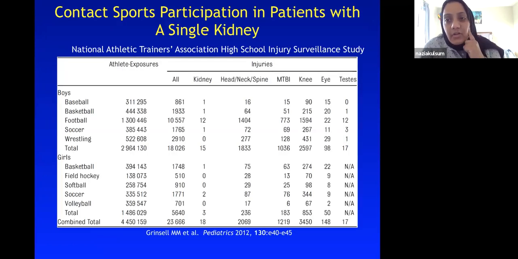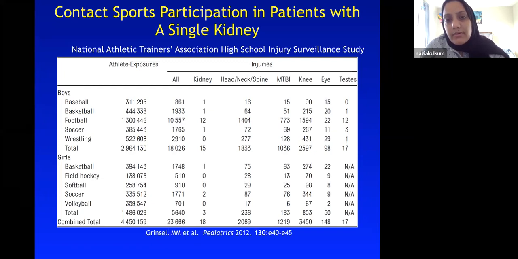This is another side topic that also comes about during our discussion, whether these kids who have a single kidney and have undergone hypertrophy can be allowed to participate in sports. This is important because most kidneys, if they are in normal location and normal in size, are well covered by your ribs, and they lie right under the diaphragm.